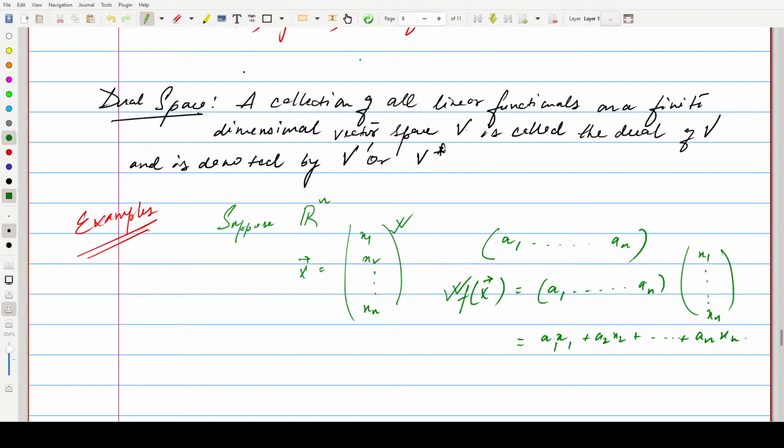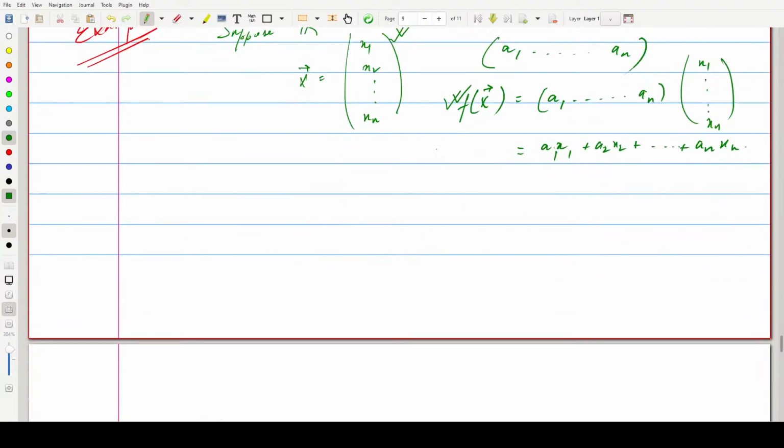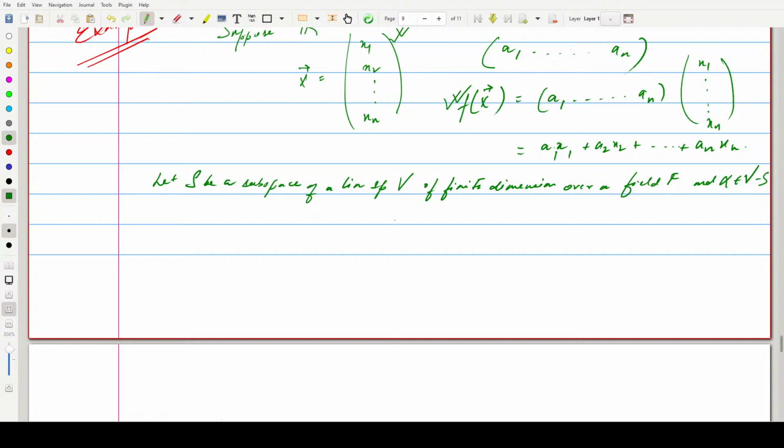So how do we define this more formally? Let S be a subspace of a linear space V of finite dimension over a field F, and some alpha exists in V minus S, right?